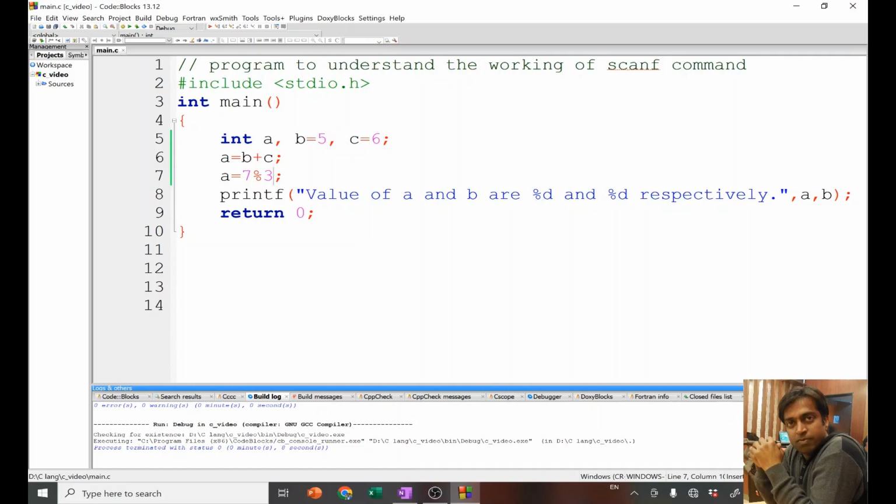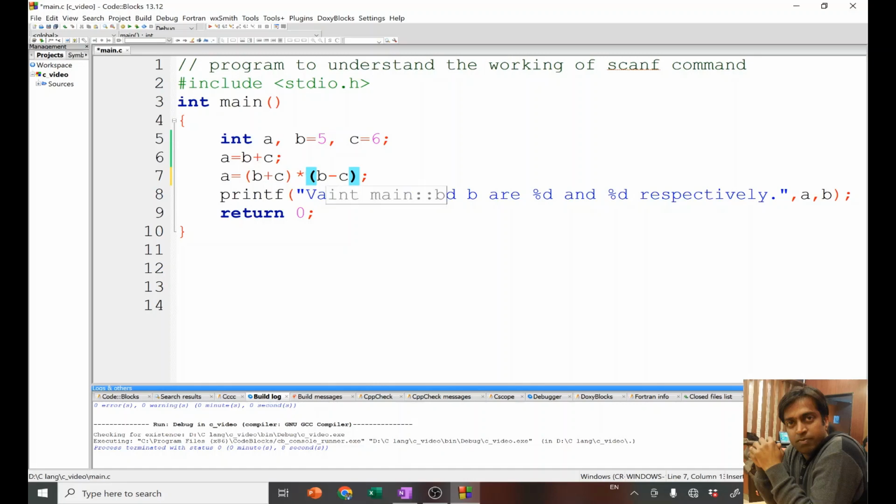Okay, another thing that is important to know in C language is that suppose over here we have initialized the values of b and c. In mathematics we can express something like b plus c, b minus c. So in mathematics we can write the expression in this way, but in programming languages over here we need to put a multiplication operator in between the two brackets.